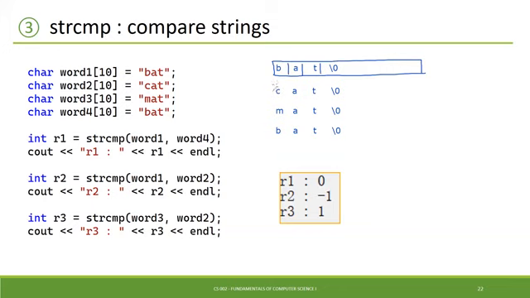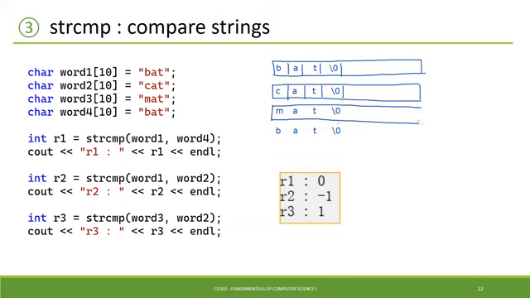Do you remember the ASCII code? What is the ASCII code of the lowercase letter b? Luis says 98, yes. 97 is lowercase letter a, and 65 is uppercase letter A. Capital letter A is 65 and lowercase letter a is 97.